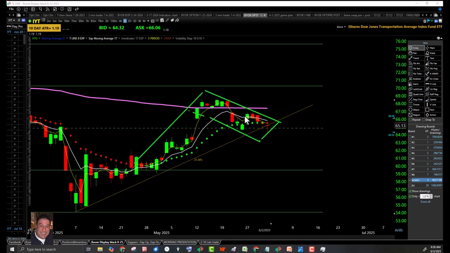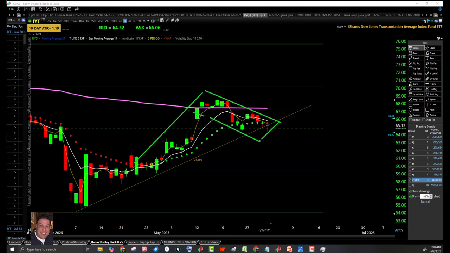You can see price action spending a lot more time under the trap, closing there under the trap, there under the trap, there. We're spending a lot more time underneath the trap than we are over the trap. That's not a good sign. But we are in a bull flag. That's a good sign. We're up over the midpoint, so we're on the bullish side of neutrality. That's a good sign. Barely closing over the uptrend line.